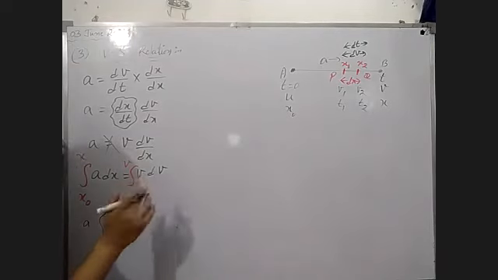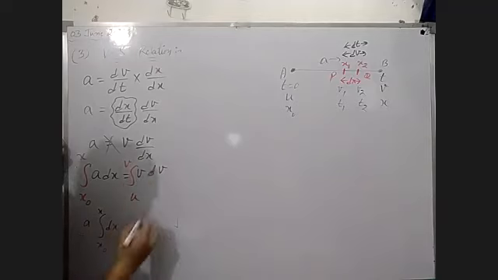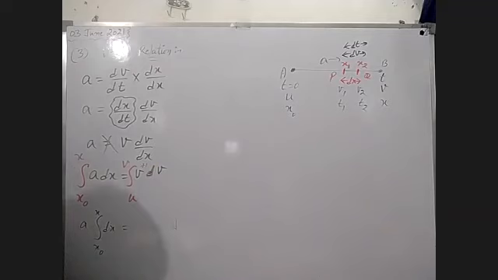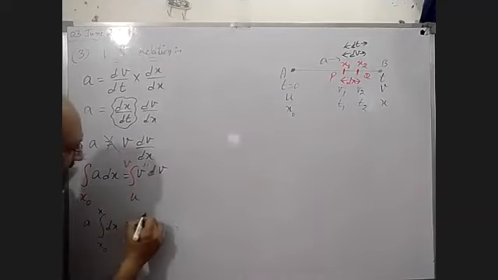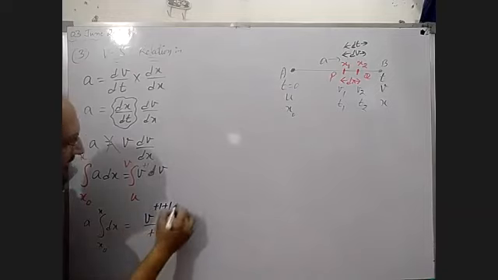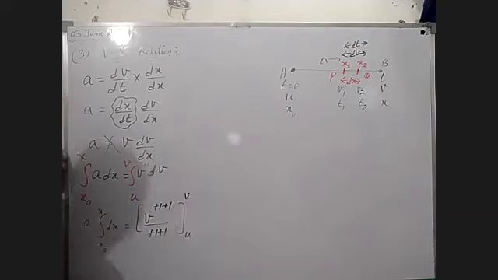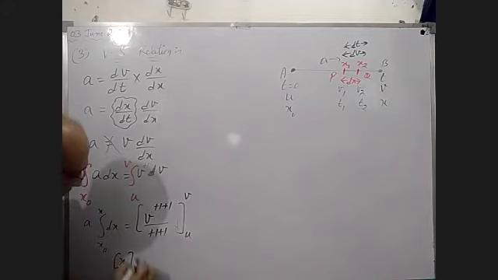Here v dv, so you have to integrate v. The power of v is 1, so the integral is v to the power 1 plus 1, with limit u to v. And dx becomes x, limit x0 to x, with a outside the bracket.